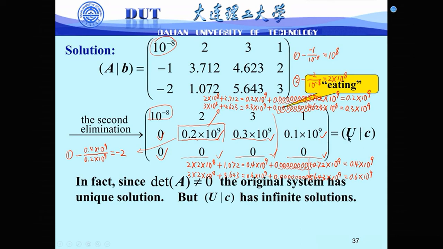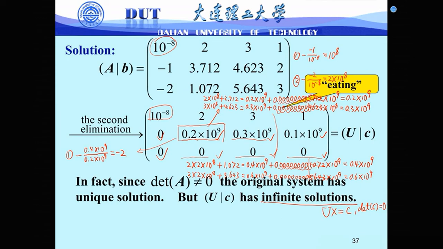That means we can obtain infinite solutions for Ux equal to C. Now we need to solve this new linear system Ux equal to C. But because of the zeros, Ux equal to C has infinite solutions, because the determinant is 0.